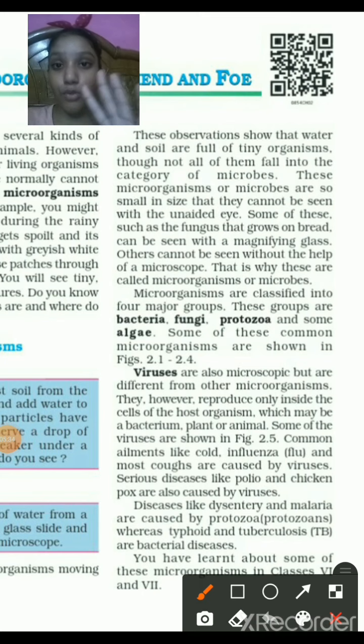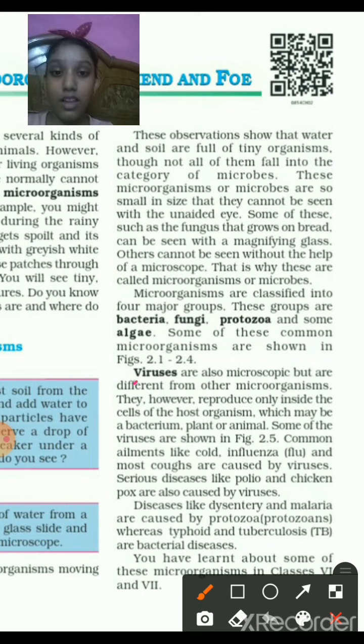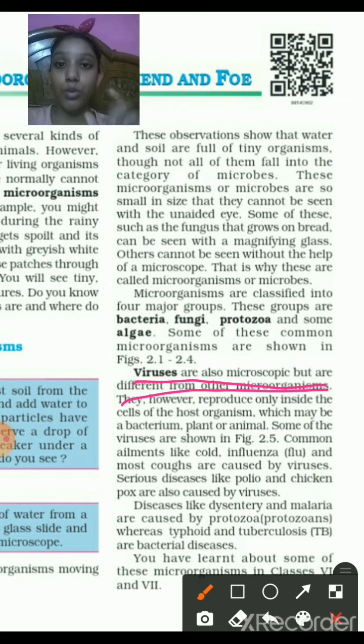So basically the four major classifications are bacteria, fungi, protozoa and algae, but viruses are also microorganisms that are different from the others. Viruses are also microscopic, but they do not come in the four basic classifications, though they fall in the same category.